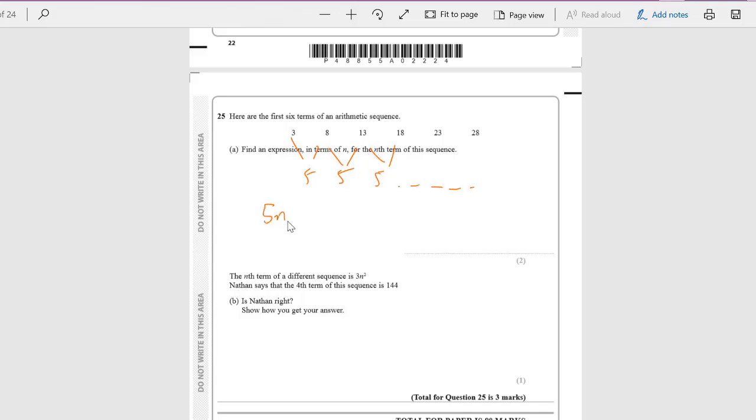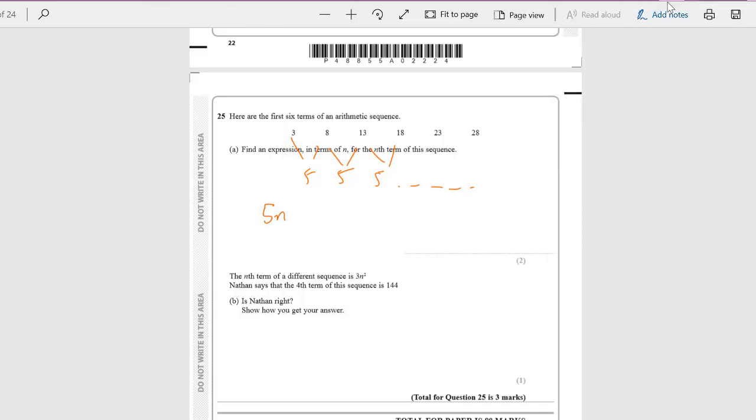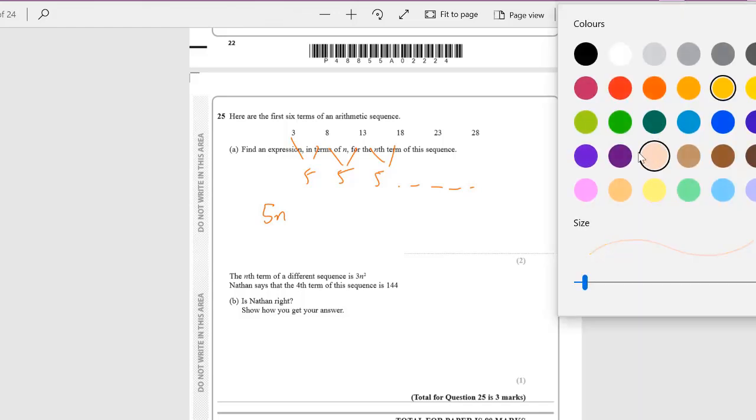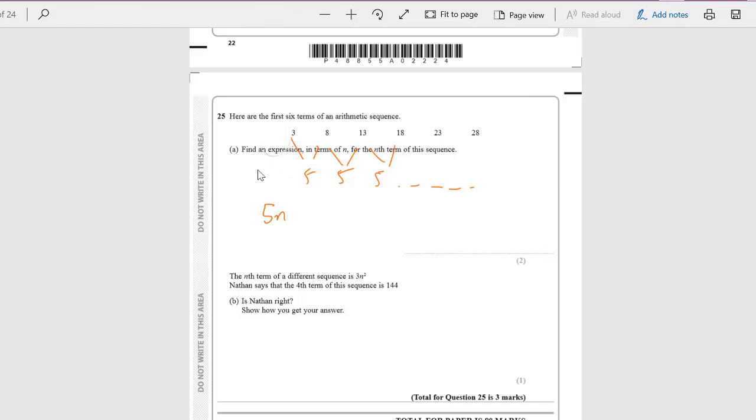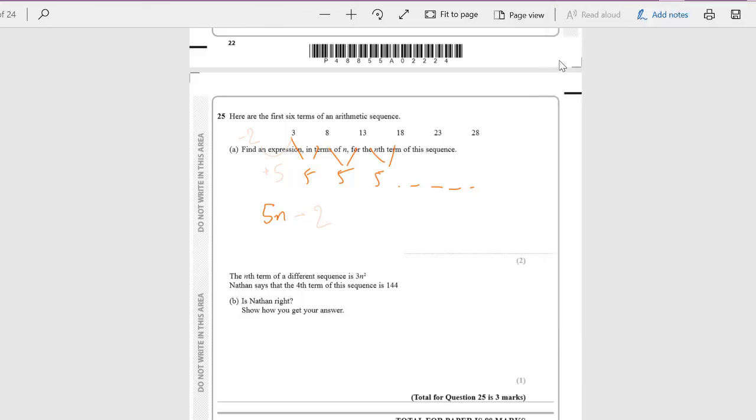So it's going to be 5n. And then we're going to subtract 5 from that, which gives us minus 2. So our total answer will just be 5n minus 2.